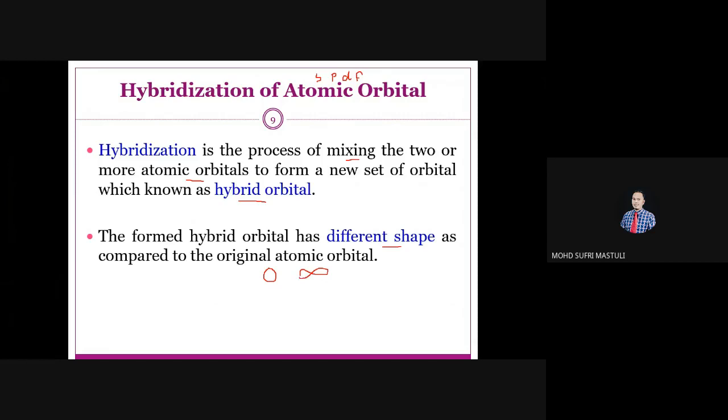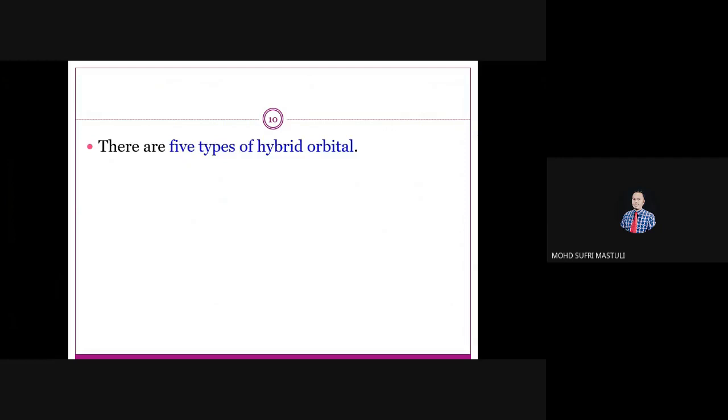But when we hybridize those atomic orbitals, it will form another different shape. So pay attention to how the shapes of the hybrid orbitals and the original atomic orbitals are different.